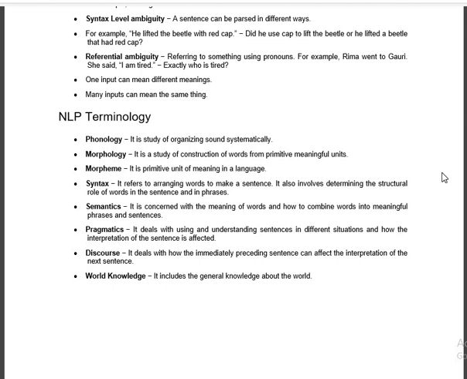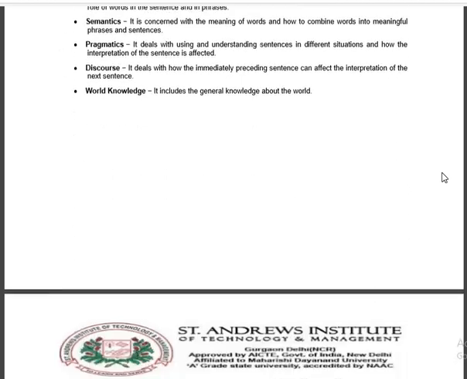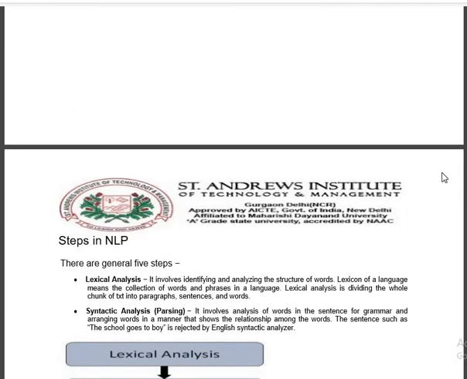Discourse is the part where the sentence immediately preceding can affect the interpretation of the next sentence. Like when two persons are communicating with each other, there must be two-way communication. Now the world knowledge: the world is covered with many facts and knowledge, and we are still in the process of learning.